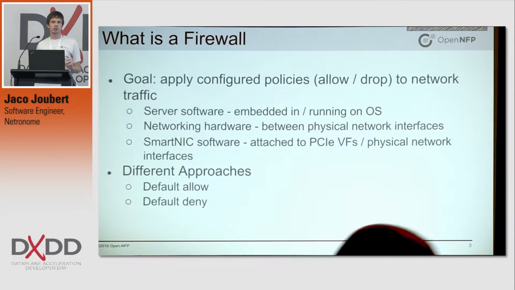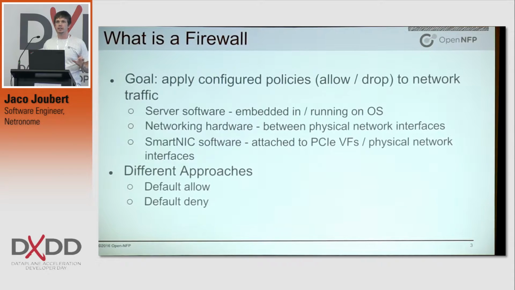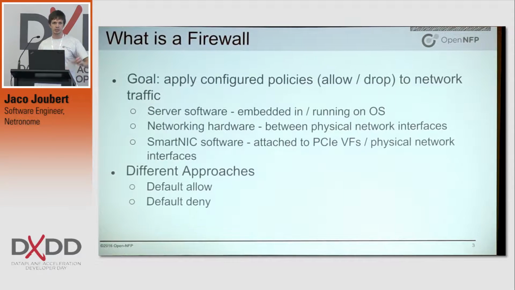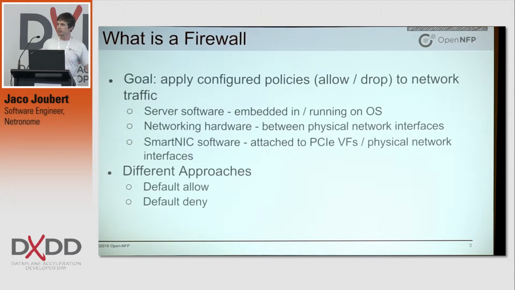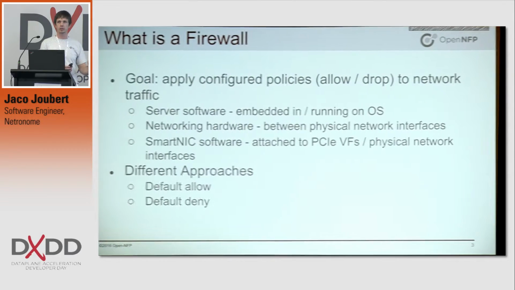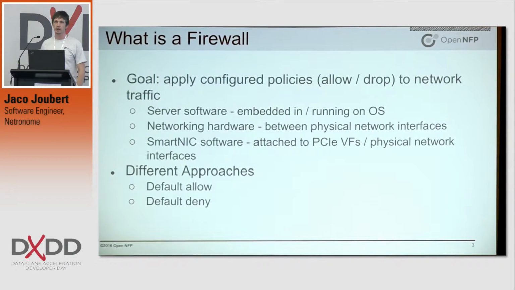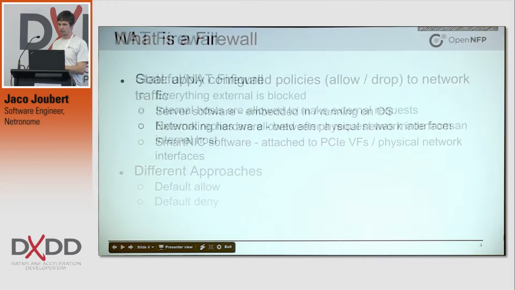And then you also get the hardware firewall, which is actually on a network hardware device. The one we're demonstrating today is developed in P4, so it's software, but it takes the role of a hardware firewall. Different approaches to firewalls are a default allow, so everything goes unless you specifically block it from going through, and a default deny, which is the one we're going for, where everything is blocked unless it is specifically allowed to go through.